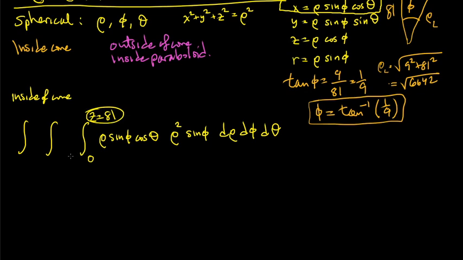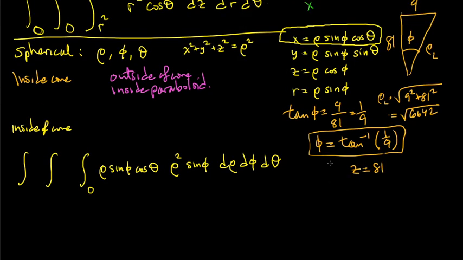You can use z in rectangular or cylindrical, but not in spherical. So what we need to do is convert z equals 81 into spherical. Well, z is rho cosine phi, so this is equal to rho cosine phi.